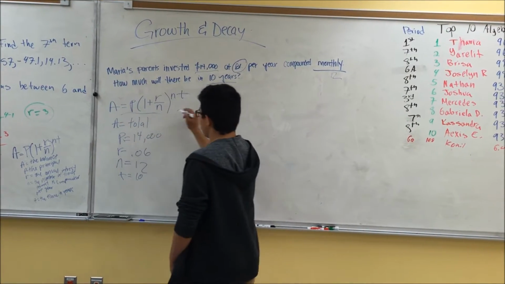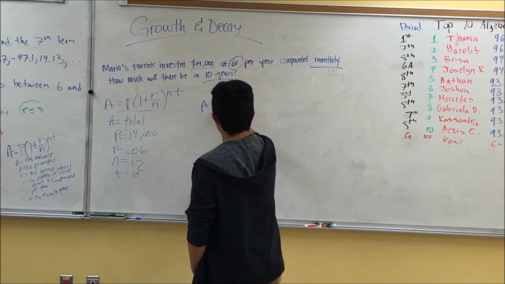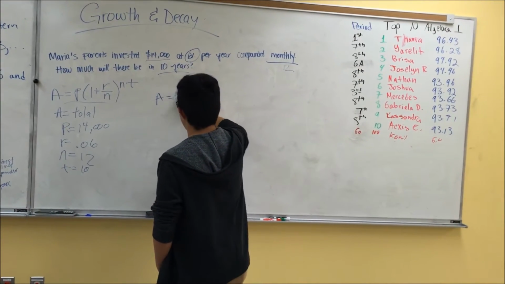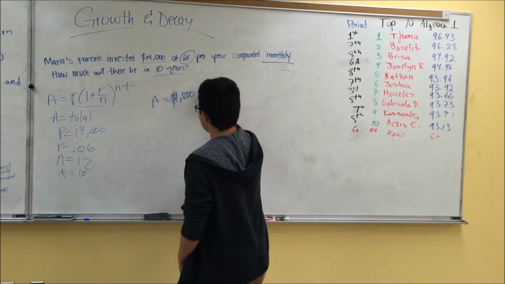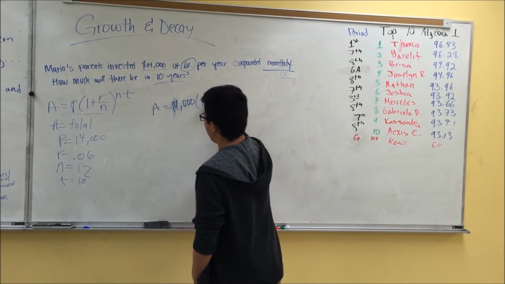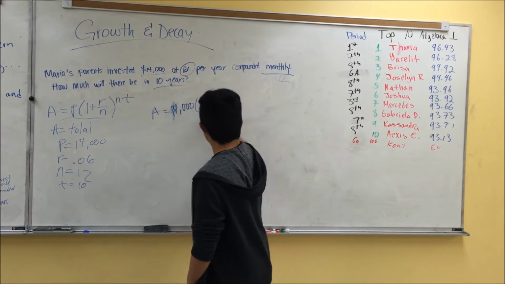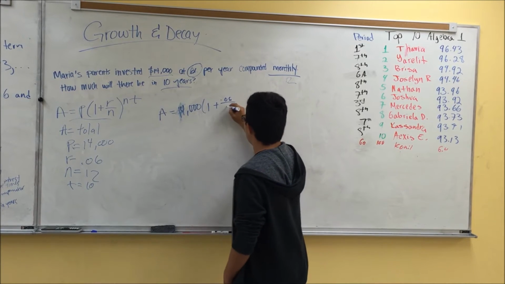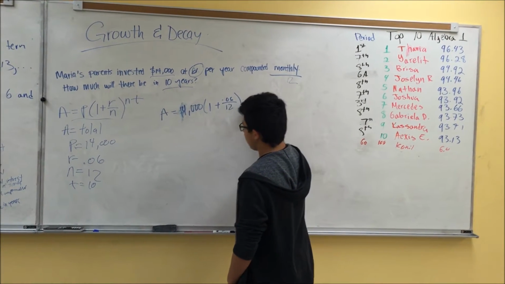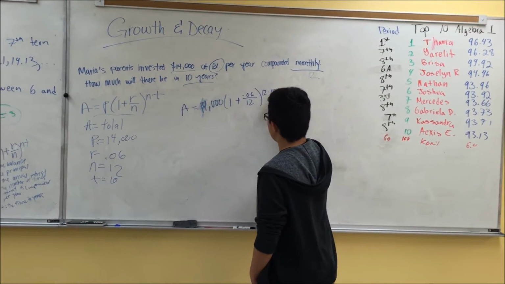Now we plug it into the equation. A equals 14,000 times (1 plus 0.06 divided by 12) to the power of 12 times 10.